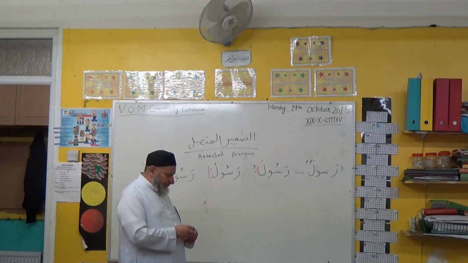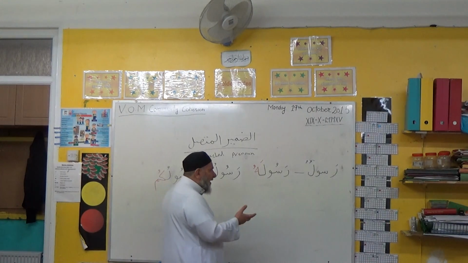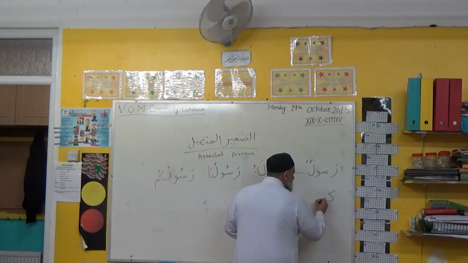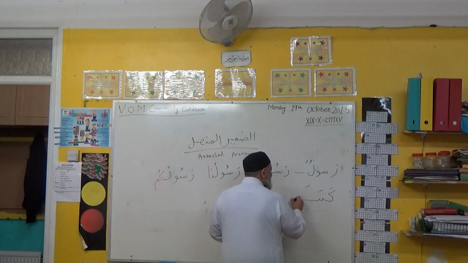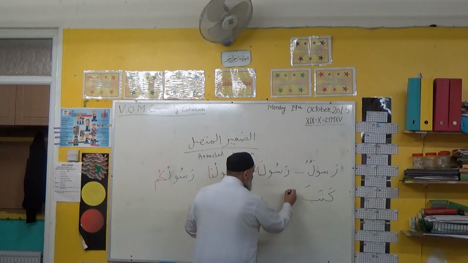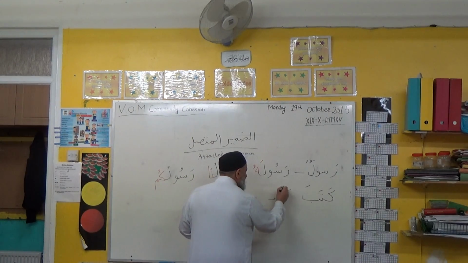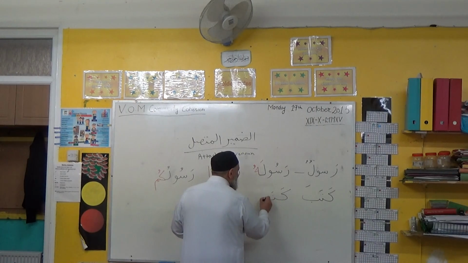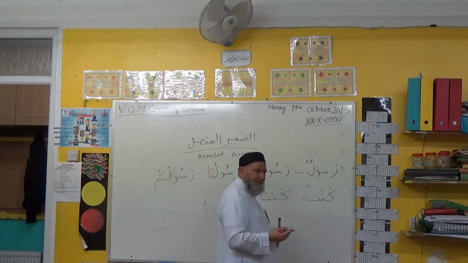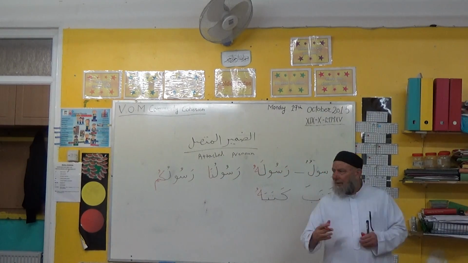The same with the verb. Say there is a word called kataba, which means he wrote. When I say كتبه, it means he wrote it.